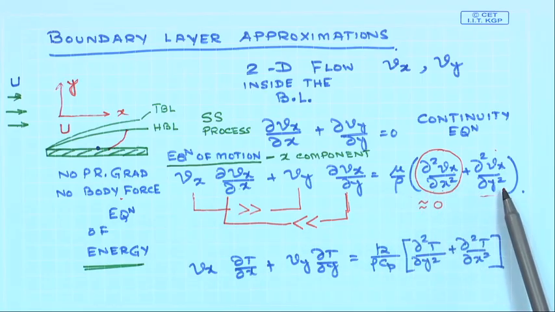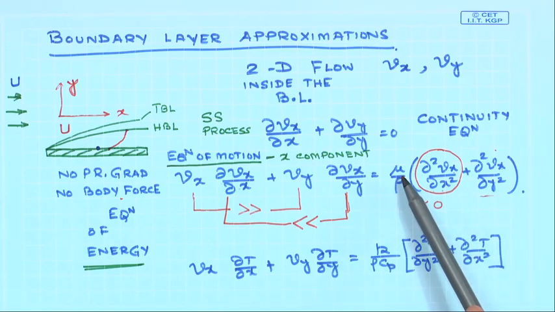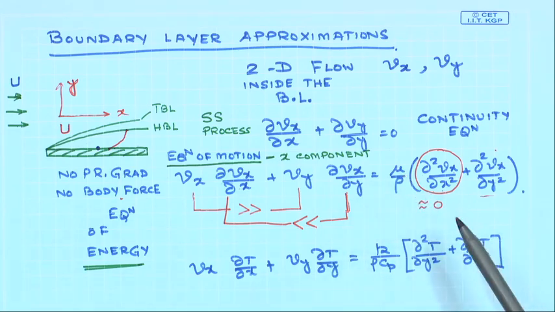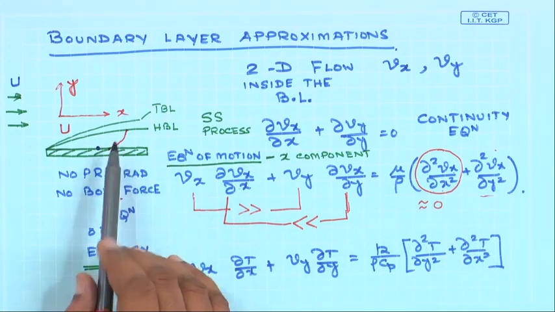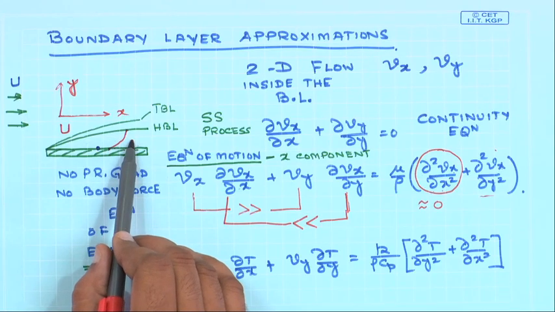Both terms on the right hand side refer to diffusive transport of momentum. They are diffusive transport which can easily be identified by the appearance of the viscosity in front of them, and the variation of Vx with x is small. Now the diffusive transport depends on the velocity gradient.